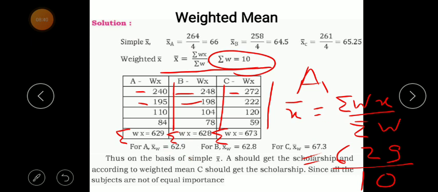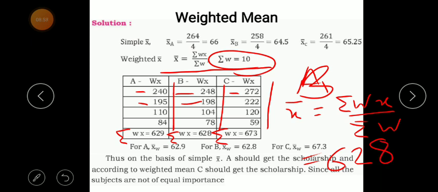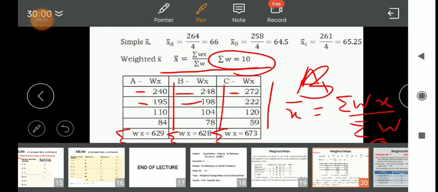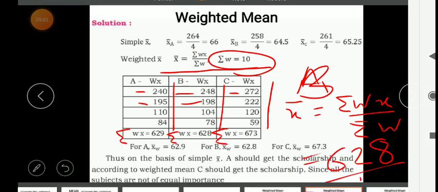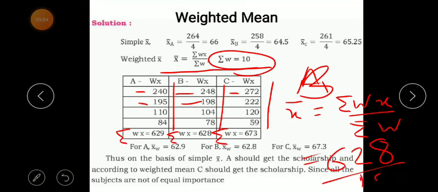Then next, let's see b. For b, the formula remains the same, x bar is equal to summation wx upon summation w. Summation wx is 628. So 628 divided by 10, which is equal to 62.8.